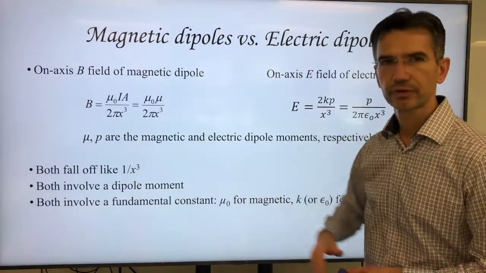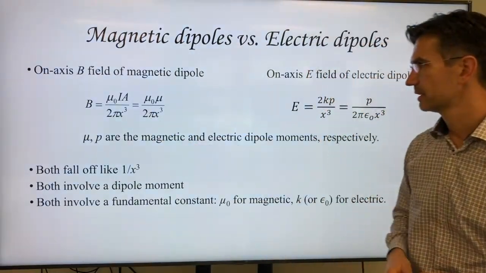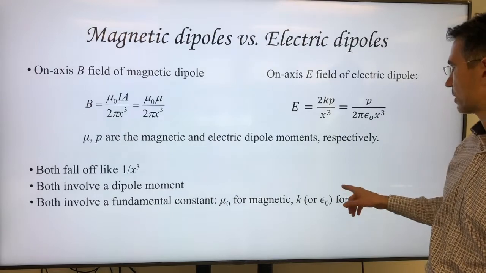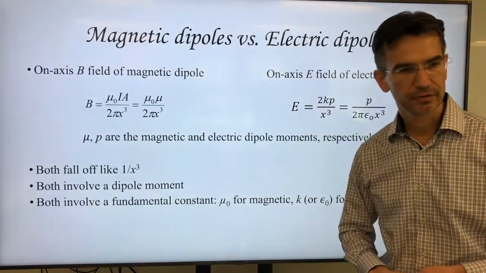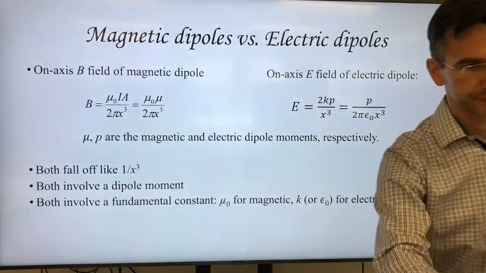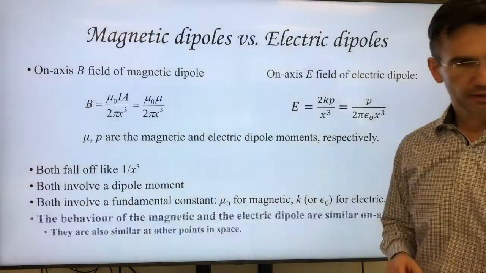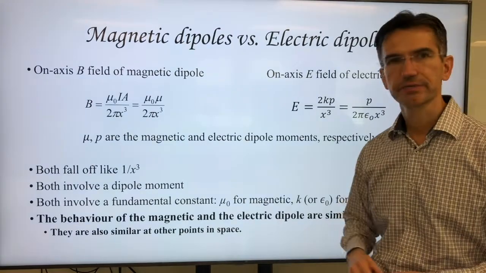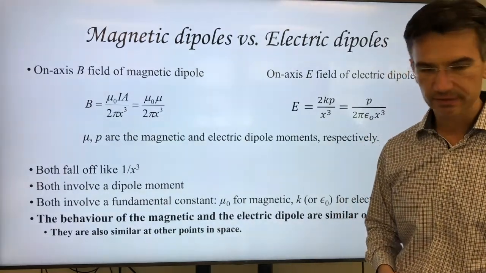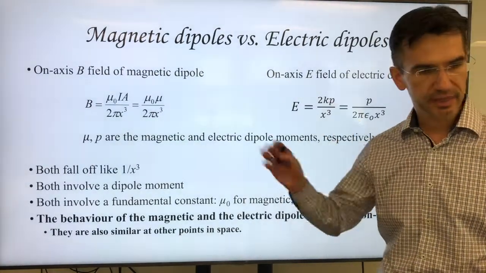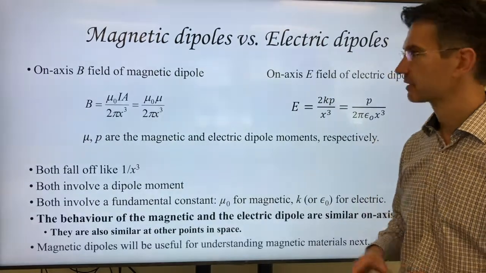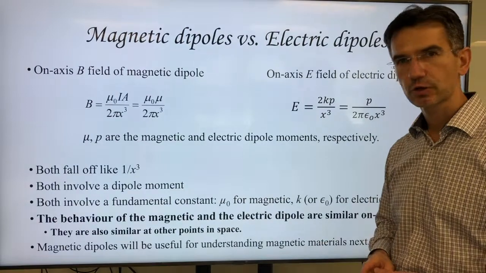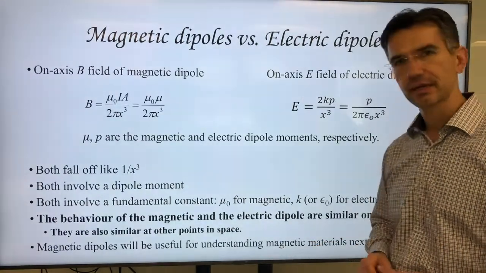And they both include a fundamental constant, mu naught here, the magnetic permeability, and epsilon naught here, the permittivity of free space. So they have similar behaviors on axis, and in fact they also have similar behaviors off axis. And we'll see in the next lesson that magnetic dipoles are useful when we conceptualize the structure of magnetic materials.